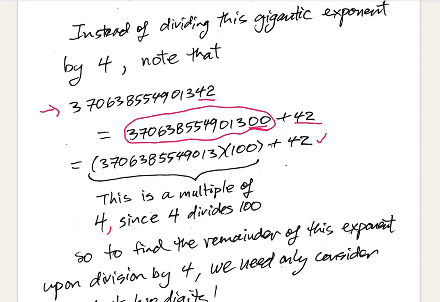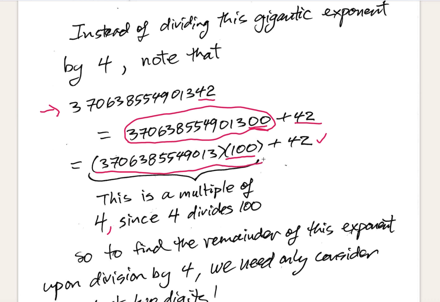How do I know that? Well, because if I was to divide this thing by 4, I could divide the 4 into this factor, the 100, and it goes in evenly. 100 is divisible by 4, isn't it? It's 25, right? That means if I was to take this part of it, I would get a remainder of 0 when I divided that by 4.